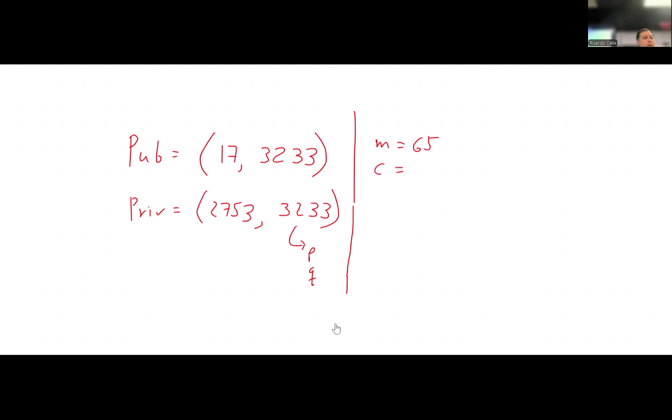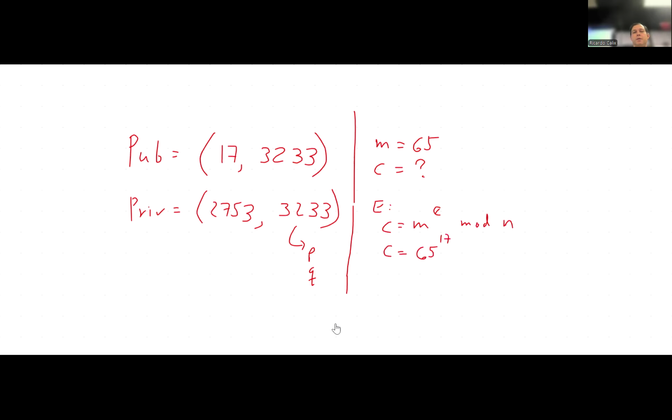You will need to write out the equations for the encryption and the decryption. So now let's do encryption. The encryption will be cipher C equals M to the E mod N. So then cipher equals 65 to the 17.